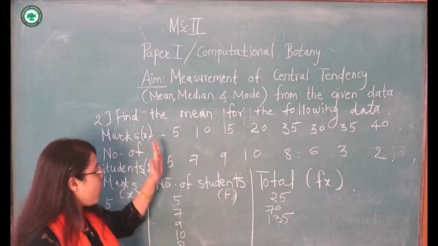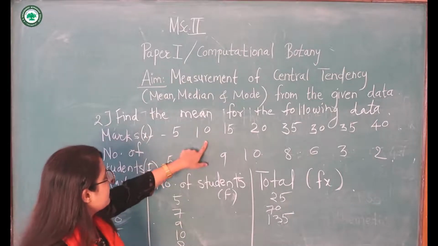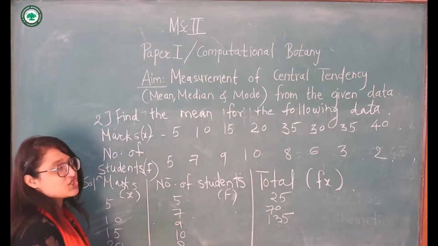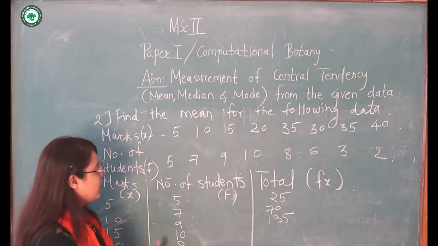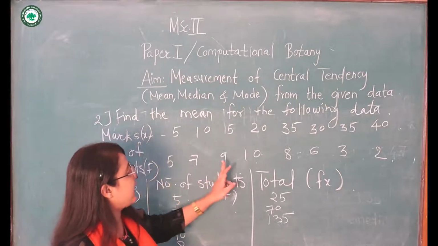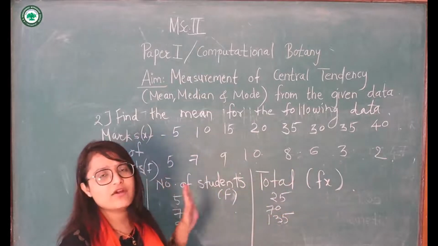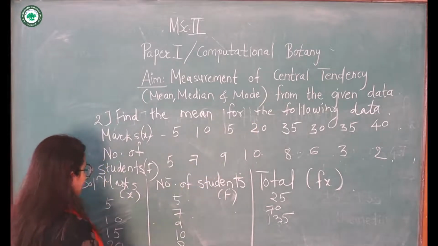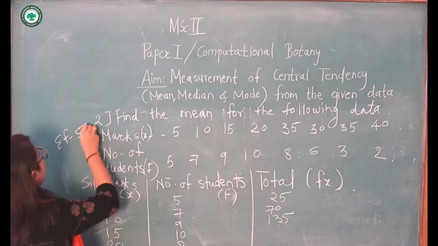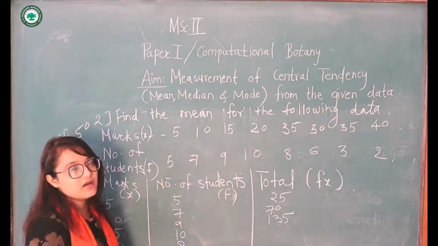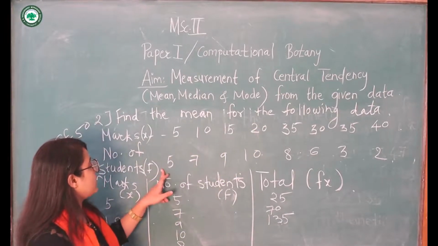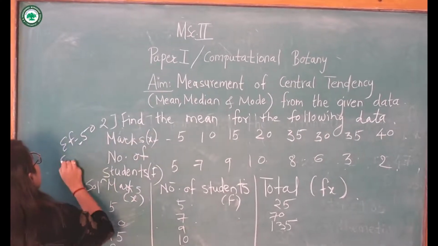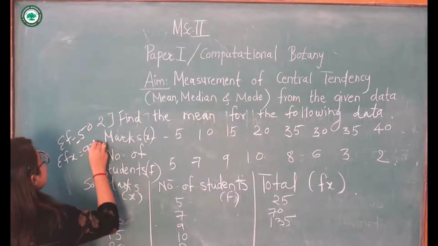At the end you have to do the summation of f, that is 5, 7, 9, 10, 8, 6, 3 and 2. Adding all of these, summation f is equal to 50. And the total of all the fx values, summation fx, is equal to 995.